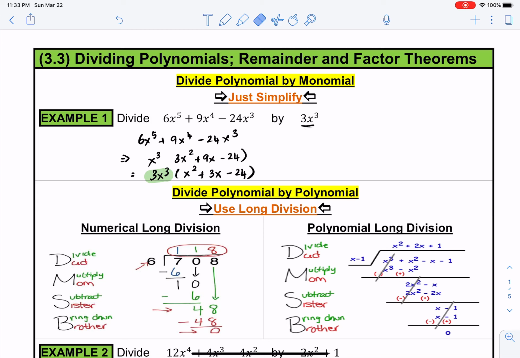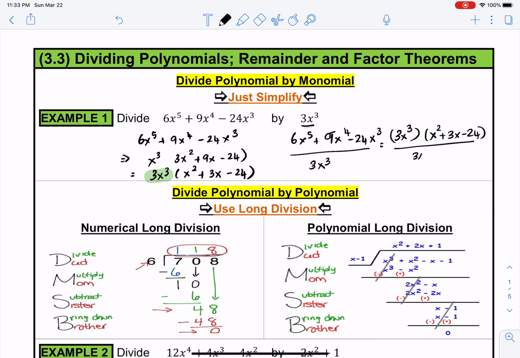Let me not skip a step. So I have 6x raised to 5 plus 9x raised to 4 minus 24x cubed divided by 3x cubed, and I factored it and wrote it as 3x cubed times x squared plus 3x minus 24 divided by 3x cubed.